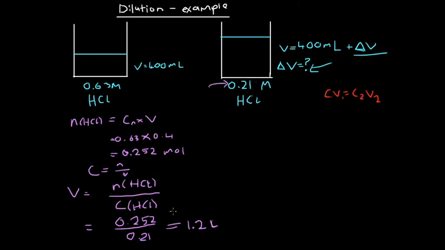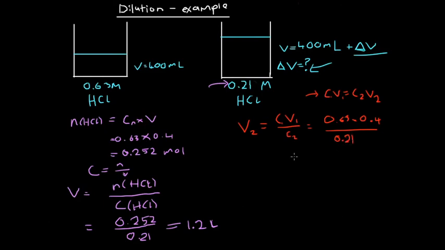So this is the final volume, and just to show you how this formula can apply to it, we want to find V2. If we say that V2 equals C1V1 over C2, that's 0.63 times 0.4 over 0.21.